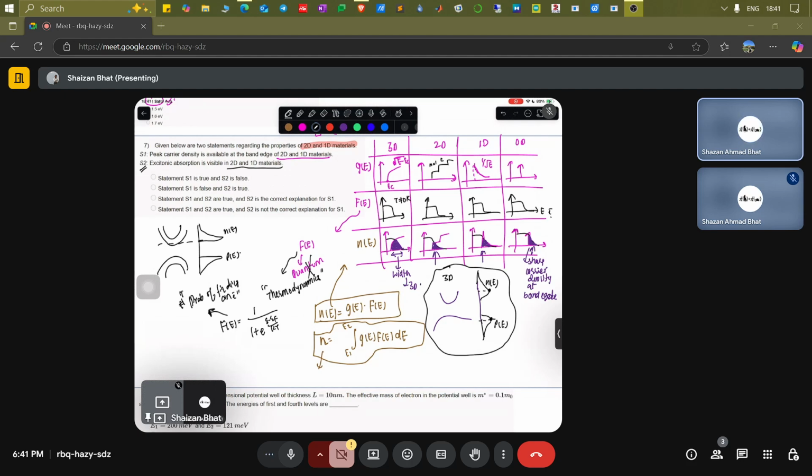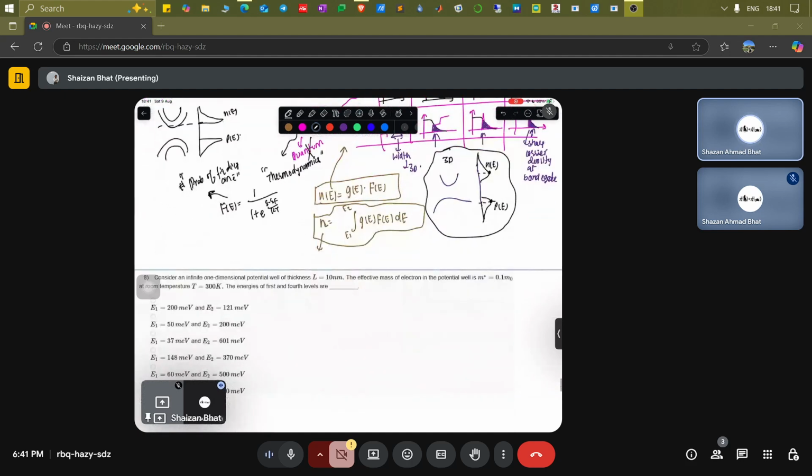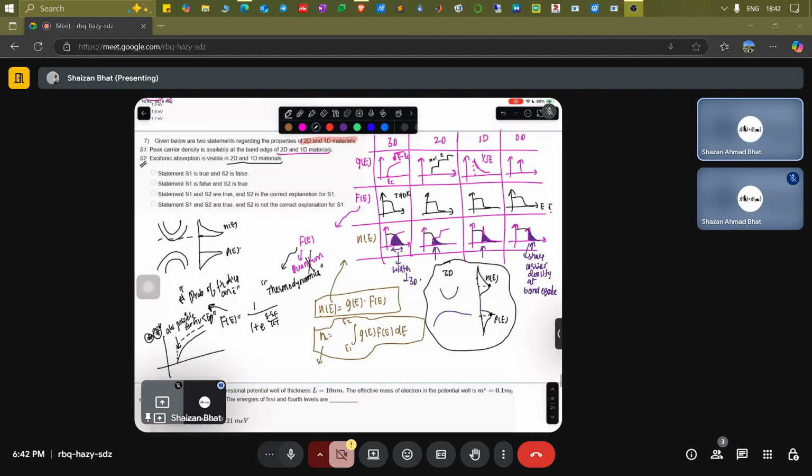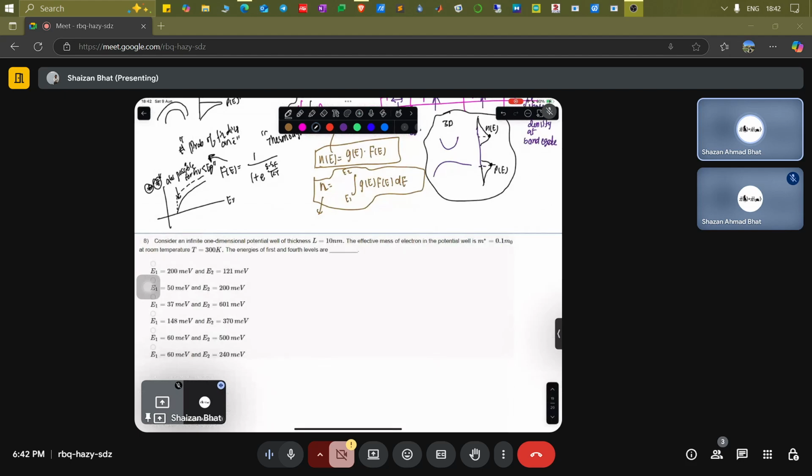Because, for example, if we talk about excitonic absorption, if you have an edge like this, then you can have excitonic absorption that can make absorption possible for photons less than Eg. And excitonic absorption becomes highly possible in 2D and 1D systems.